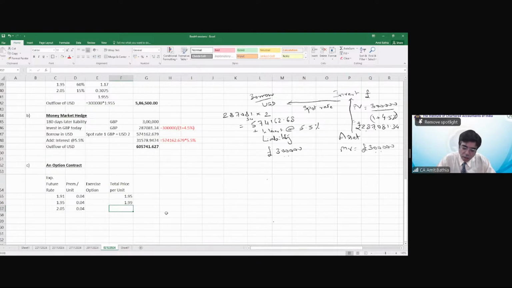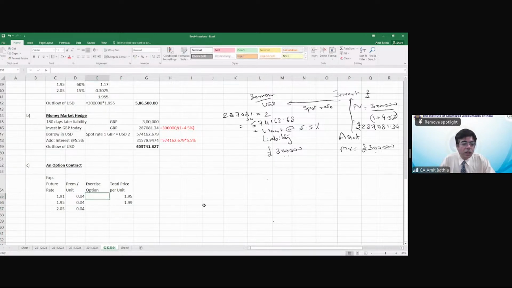Yes, sir. Very good. Now, third most important part. Tell me what will be my total price when the expected future rate is, say, for example, 2.05. The 2.05 minus exercise price plus premium. 2.05 minus exercise price gives the gain, and the outflow is minus 0.04. Net flow will take.